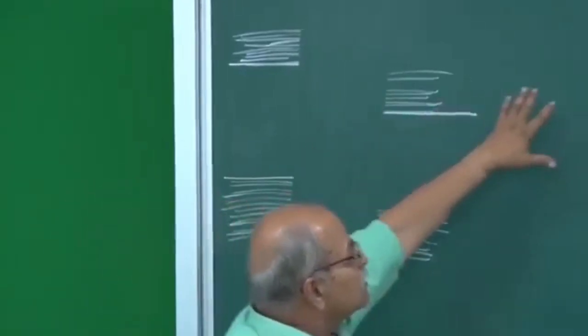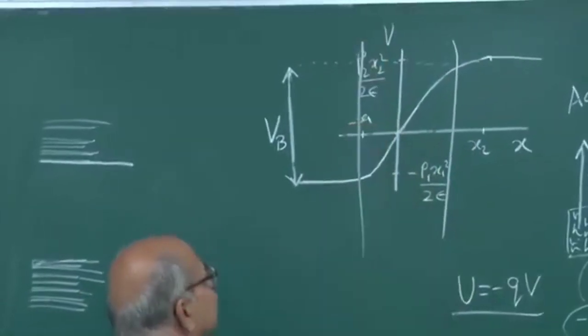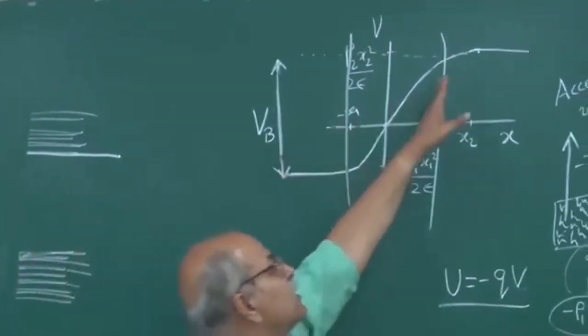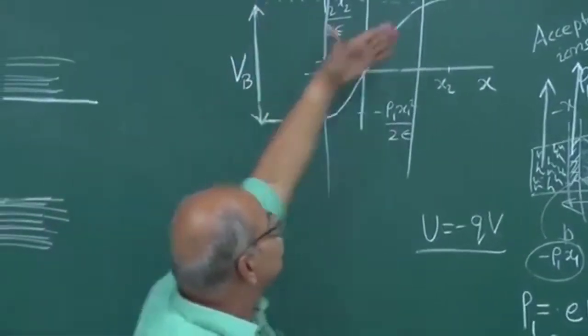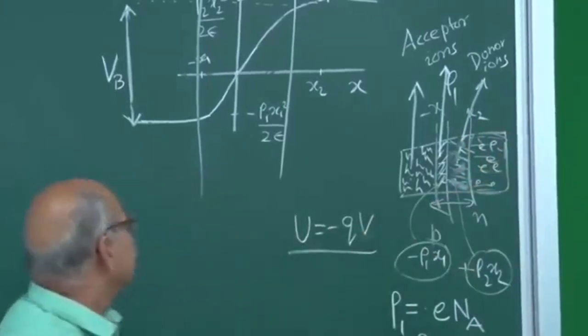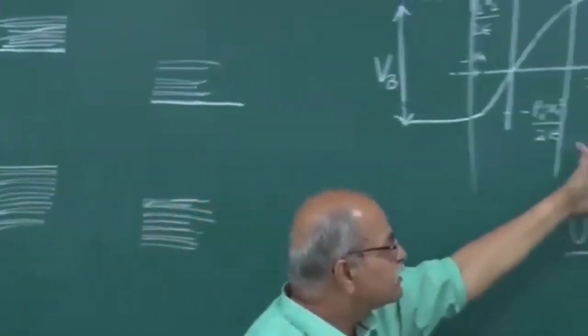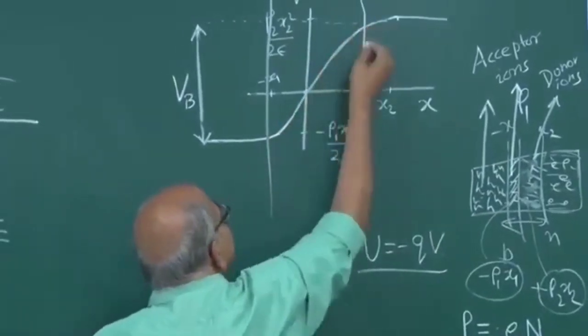Why have I erased this much? Because this much of difference appears only away from the depletion region. Let's say this is the depletion region, after which the potential is constant. So this difference that I have calculated is from here to here, that means well on the left of the depletion layer and well on the right of the depletion layer. Inside the depletion layer, you see a gradual decrease. That shift gradually decreases.